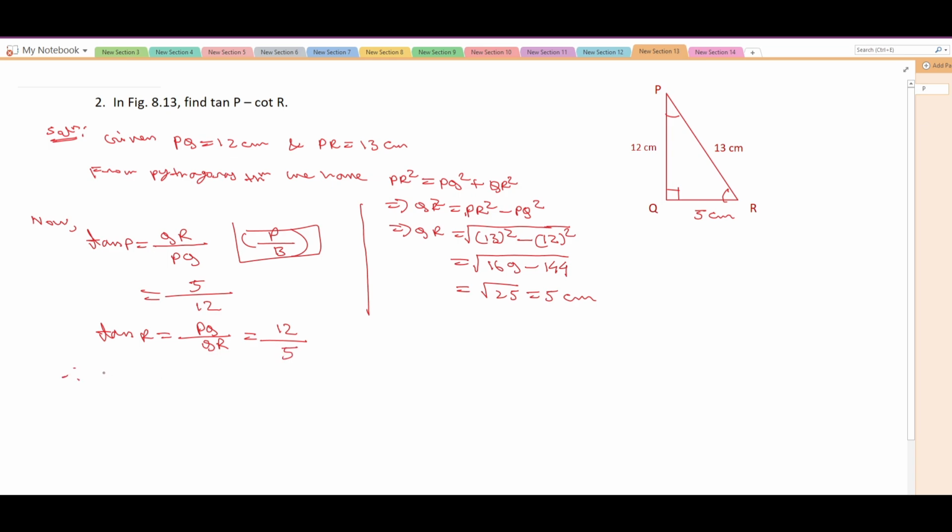Therefore cot R equal to 1 by tan R equal to 5 by 12. Therefore tan P minus cot R equal to 5 by 12 minus 5 by 12 equal to 0. This is the required answer.